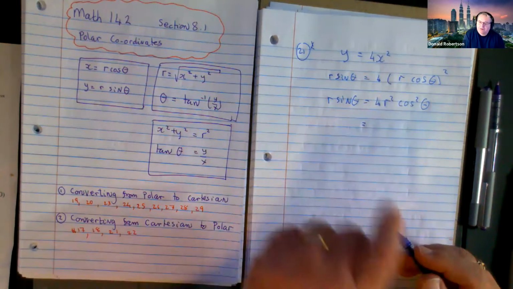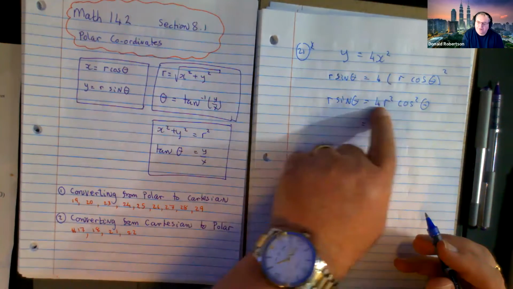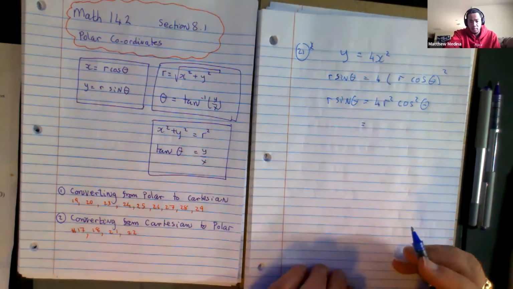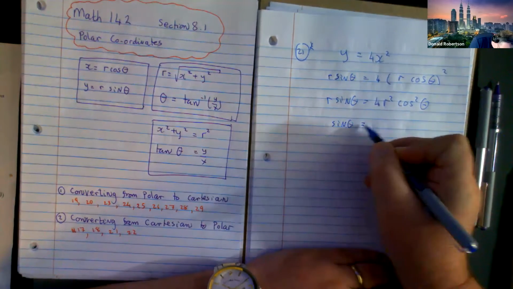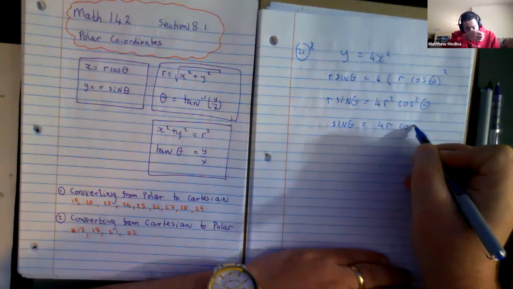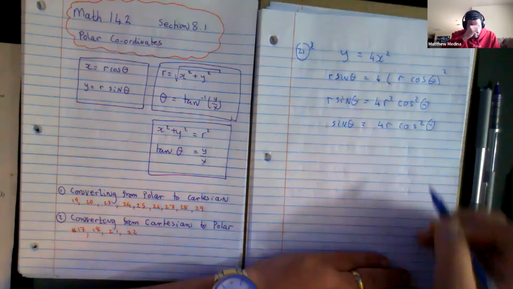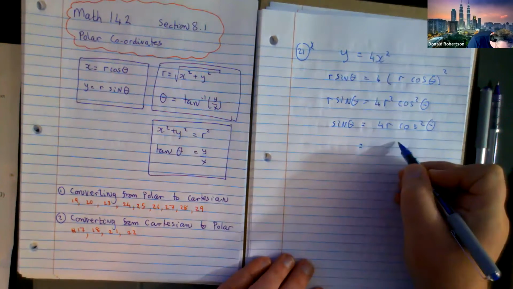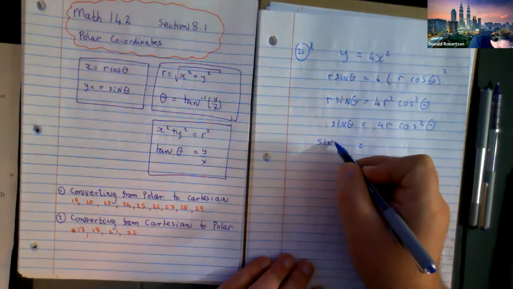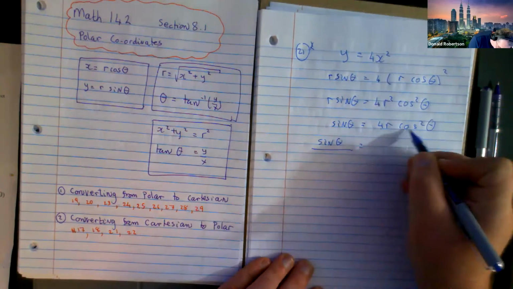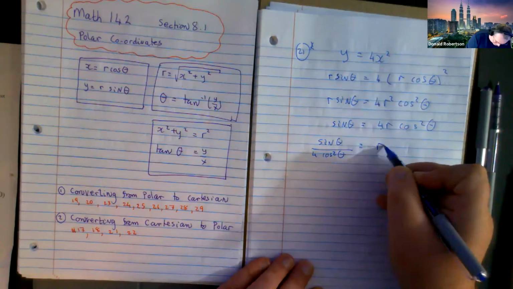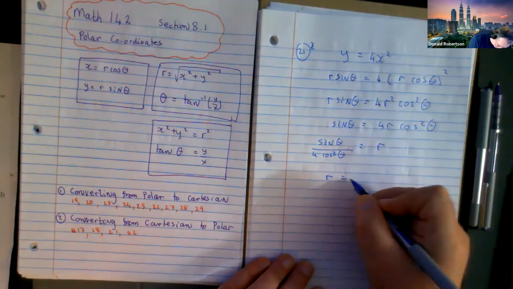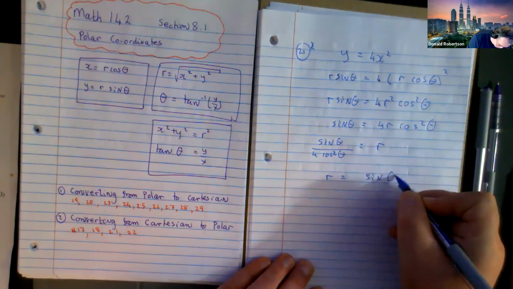What could I do to both sides to simplify this? Divide by an r. Yeah. Now, since I want r on its own, I'm going to divide both sides by 4 cos squared. And that's good. And I like the r to go first. So this is really only cosmetic.